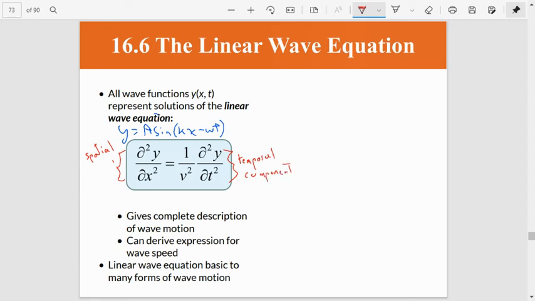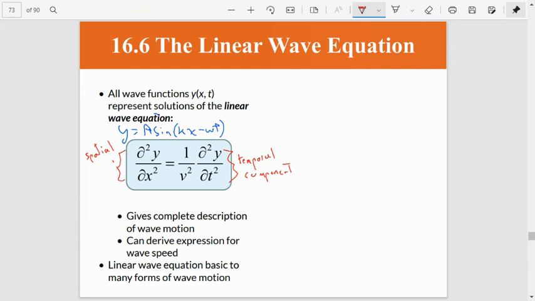And these two are connected together after all, because when we were talking about the sine function, we had to specify which part of the medium and at what point in time, because a pulse moves through any point in the medium. And from this, you can actually use this linear wave equation. Once you have a wave function y, you can use this to get a formula for the wave speed.